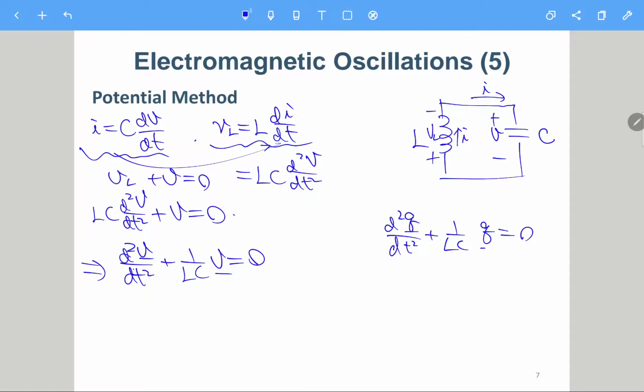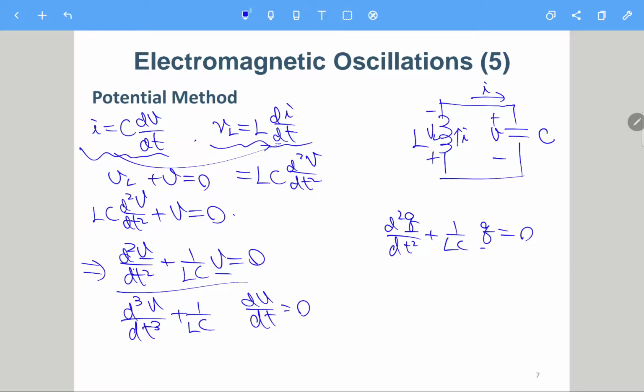They will be the same because, for example, you can first take the derivative of this equation, then you will have d3V dt3 plus 1 over LC dV dt, something like this.